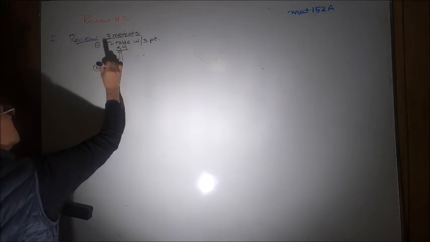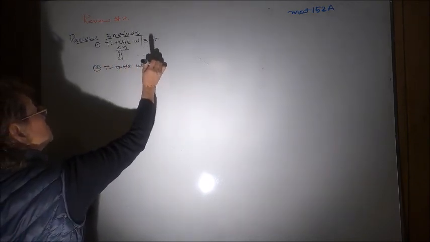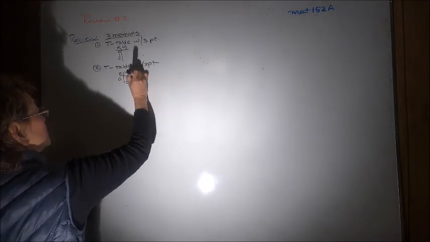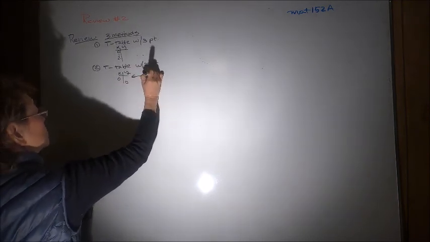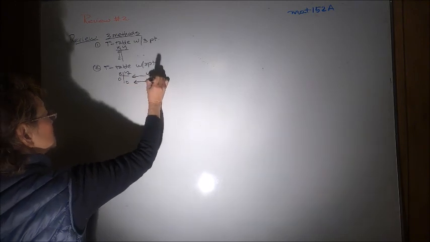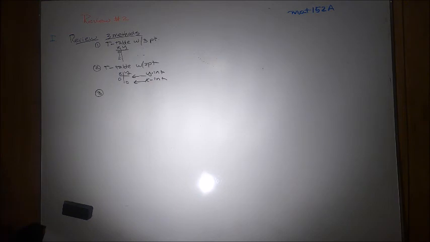And the second one would be what? T-table with how many points? 2 points, but not any 2 points. Would be 0, 0, right? So if x is 0, that would be the y-intercept. If y is 0, that would be the x-intercept, right? Then the third method was what?